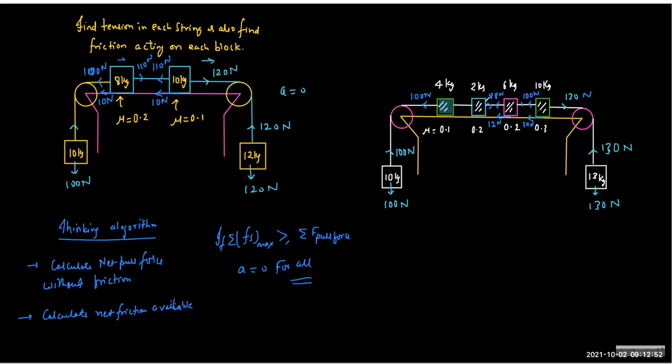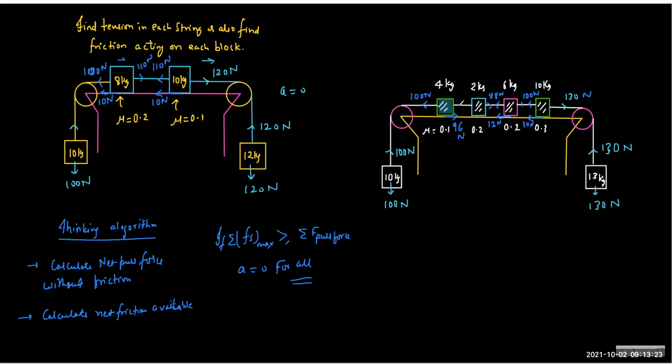So the last 4 kg block will have tendency to go left now, that is for sure, and therefore the friction is again... We need to analyze first here, not there. So now this turns out to be how much? 100 minus 4, which is 96.